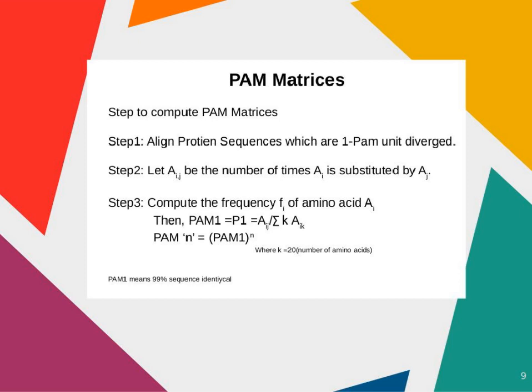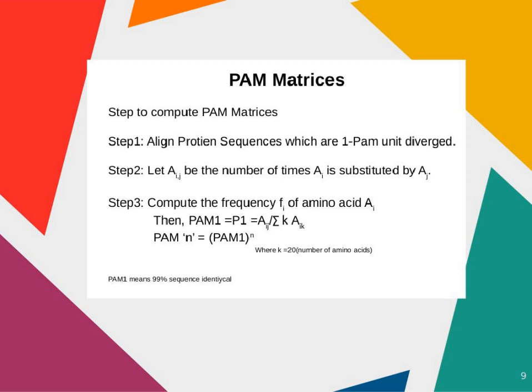Let us understand in detail how we calculate this. First step, align protein sequences which are 1 PAM unit diverged. In the second step, let a_ij be the number of times a_i is substituted by a_j.